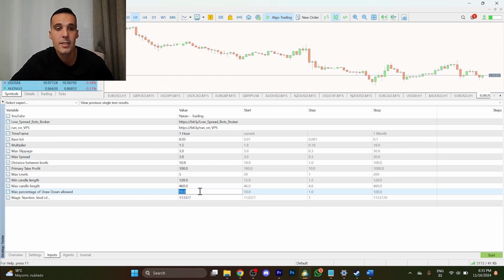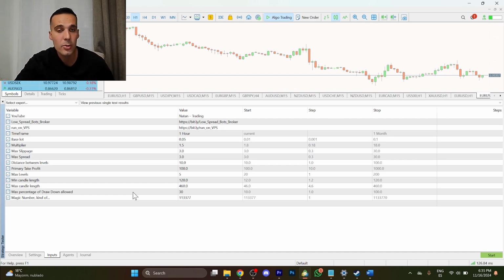But I say at the same time, maybe you want to be more conservative, or maybe you want to have riskier trading, so you want to increment this one to maybe 30%. I don't know. The good thing about increasing this number is that you are not going to be taking many losses, because every time the bot cuts, you are accepting that loss.